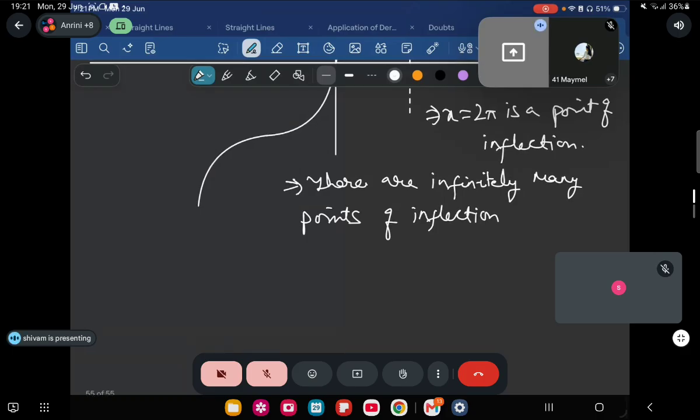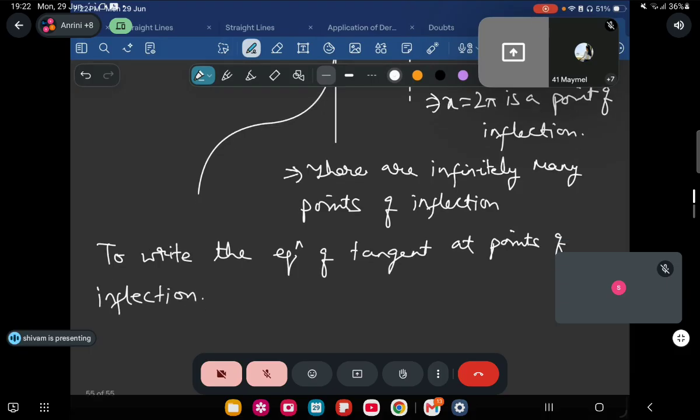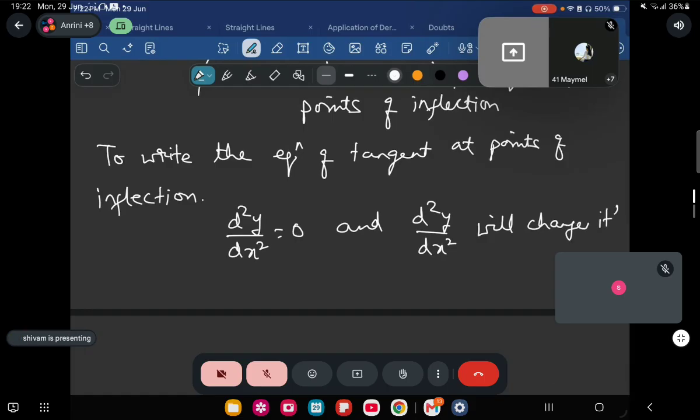To write the equation of tangent at the points of inflection, first of all, you need to find out those points of inflection. d2y by dx square should be equal to 0, and d2y by dx square will change its sign.